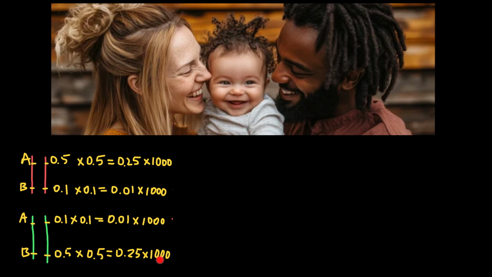Here 1000 represents 1000 people, and this is how we find how many people are going to be affected. So for example, in the population where this woman came from, for gene A, out of 1000 people, 250 are going to manifest this genetic disorder, and 10 people for gene B. For the male's population it's the reverse: 10 people for gene A, and for gene B, 250 people affected out of 1000.